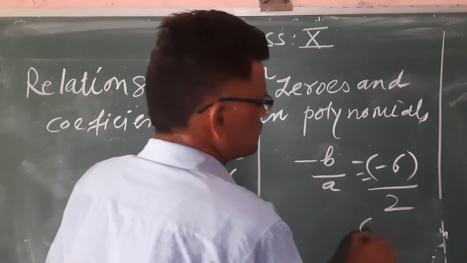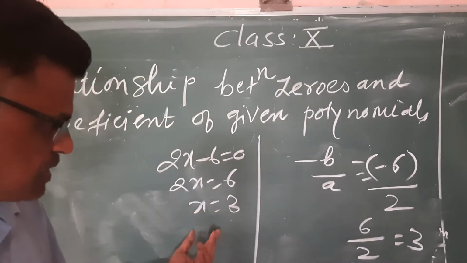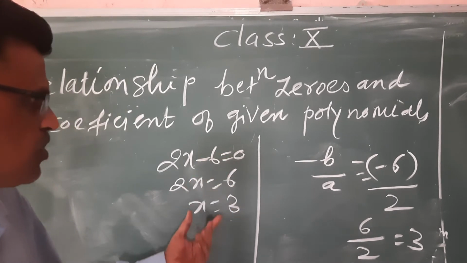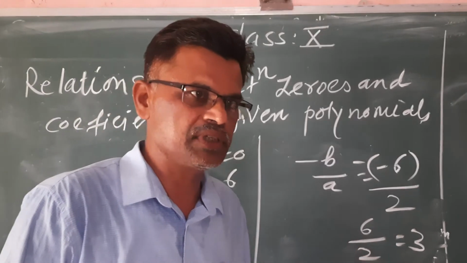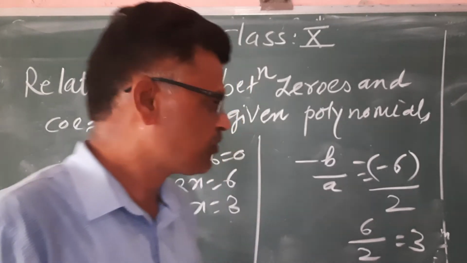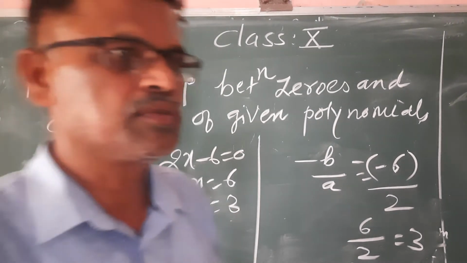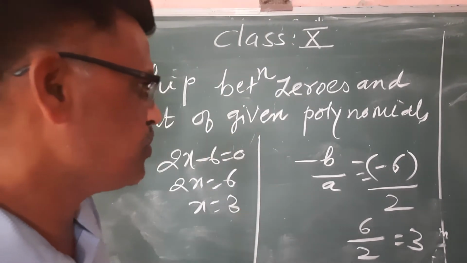Here we get 6 by 2, that is equal to 3. We observe that the zero of the polynomial is equal to the relation of the coefficients. Therefore, we can verify that the zero of the polynomial is equal to the relation of the coefficients.